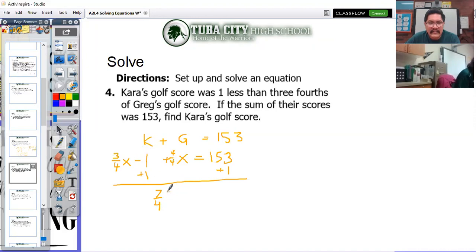because 4 plus 3 is 7, my top number. Bottom number 4 is still, well, 4. It doesn't change. Remember, bottom numbers don't change. And here I have 154. Now, I need to get rid of this. I wasn't sure if you guys were ready for this, but yesterday I went over a shortcut.